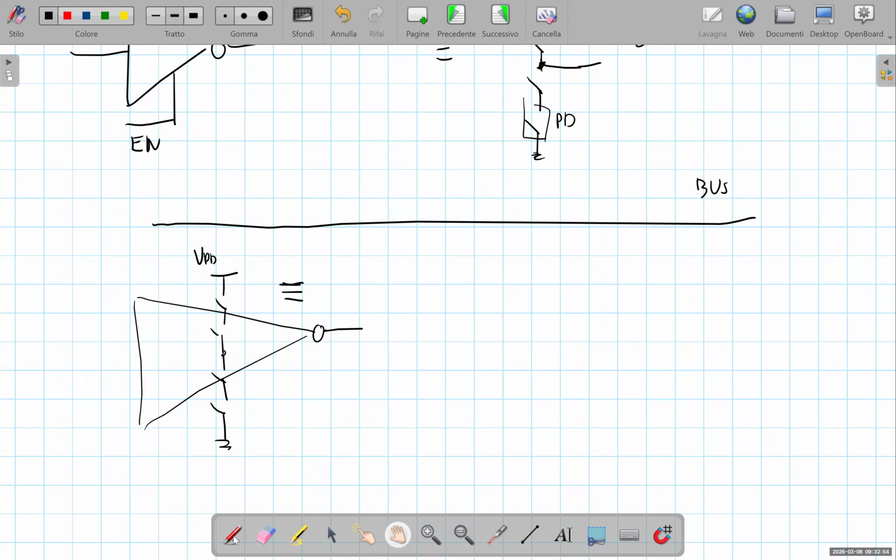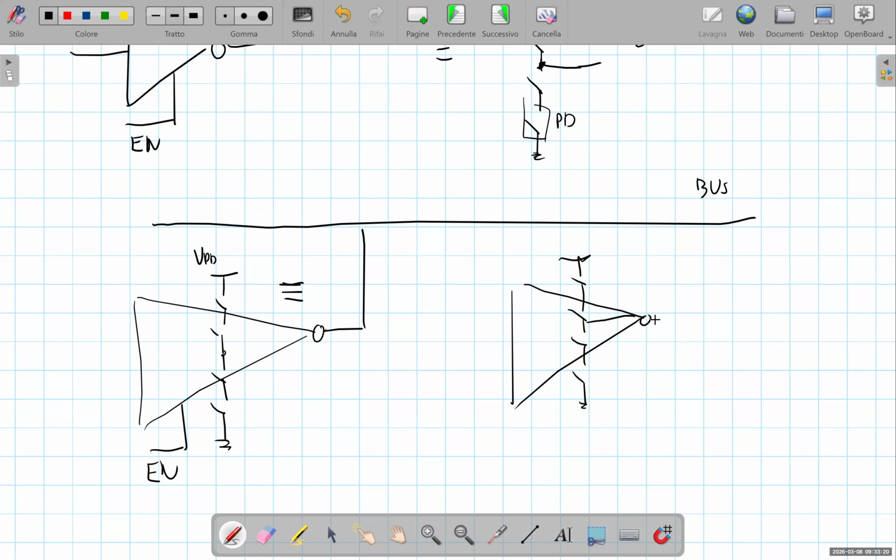Okay, so what happens when we have two or more three-state gates connected to the same shared interconnect? Here we have the shared interconnect and the two gates with their own enable signal.